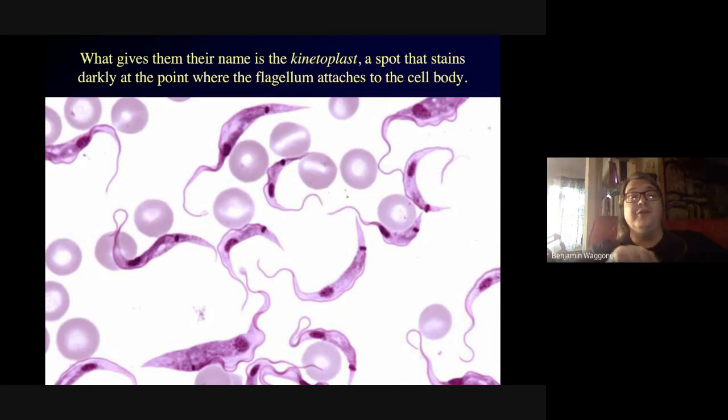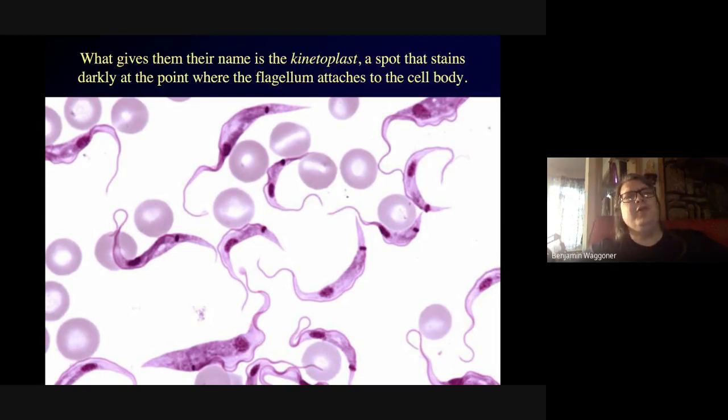And in some of these, you can see the fin kind of S-curving back and forth pretty clearly. And right at the root of the flagellum, there's a second dark body, smaller than the nucleus, and that's called the kinetoplast. And the kinetoplast is cool because it's pretty much the only place that you can spot mitochondrial DNA.